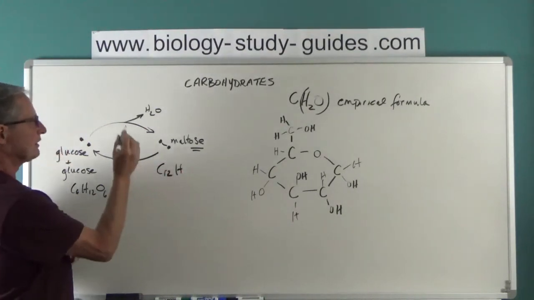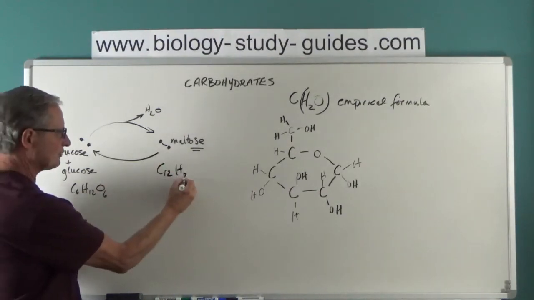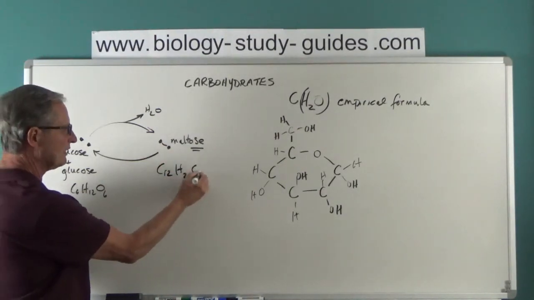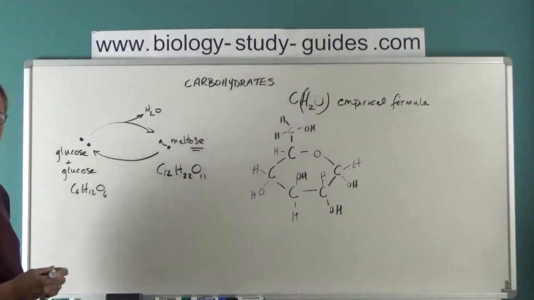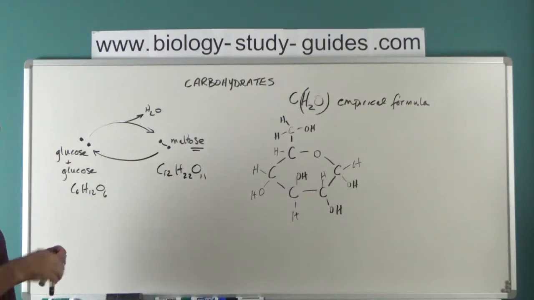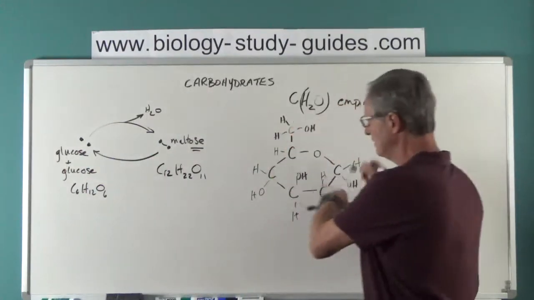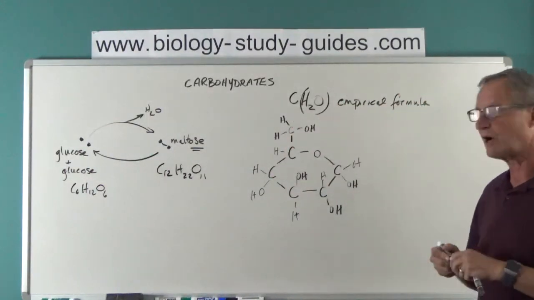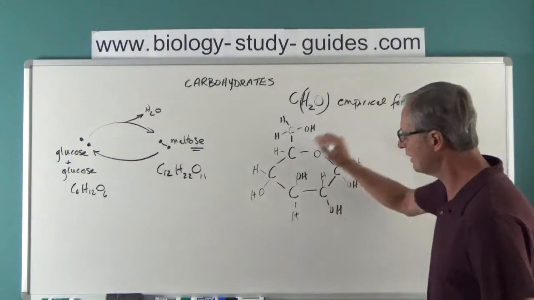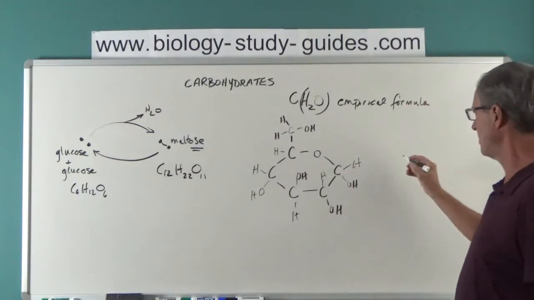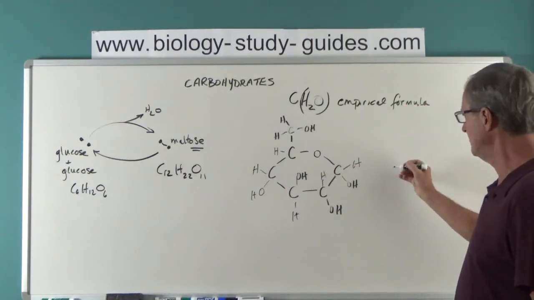H, it should be 24, but it's only 22 because we took out 2 for that water, O11. That's maltose. Now I can show you, I left that on here so I can show you what that looks like using chemical formulas when they're drawn out like that. So if we take that as 1 molecule of glucose and we put the next molecule of glucose right next to it here.